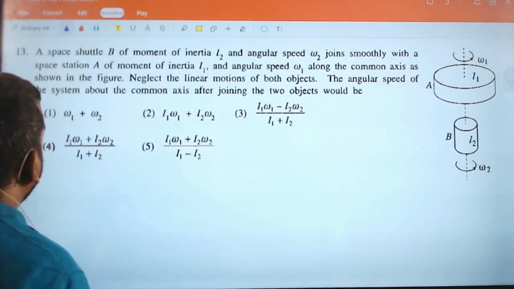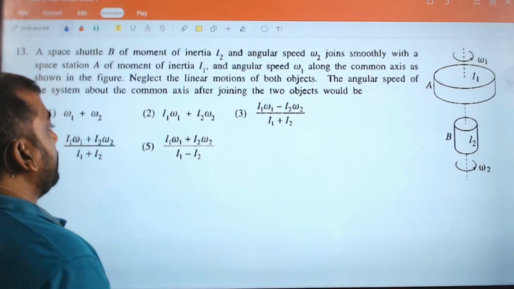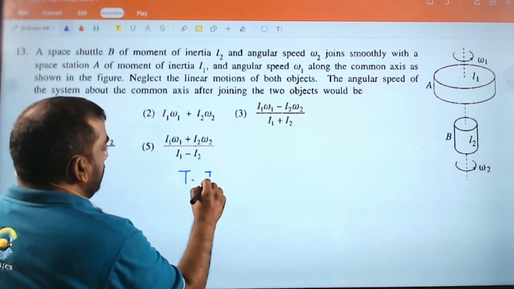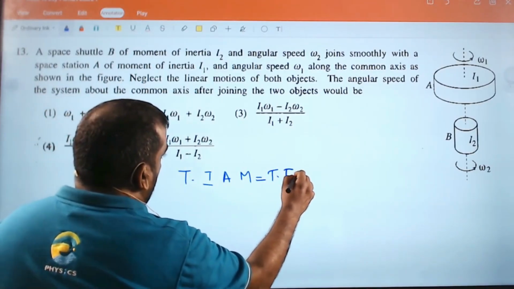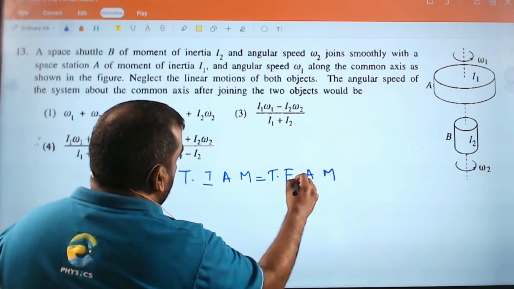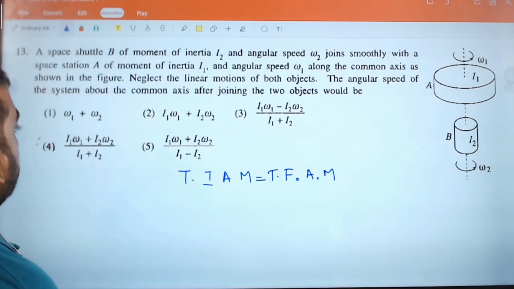Question 13. A space shuttle B of moment of inertia I2 and angular velocity omega 2 joins smoothly with a body of moment of inertia I1 and angular velocity omega 1. So total initial angular momentum equals total final angular momentum.